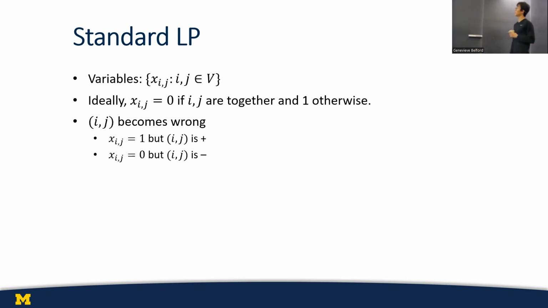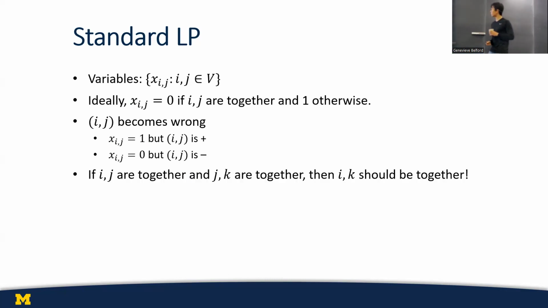In that case, if i j is separated, x_ij is 1, but ij is a plus edge, then you pay 1, because it means that ij is a plus edge but we separate them. Or if ij is a minus edge, then we want x_ij to be 1, so you pay 1 if x_ij is 0.